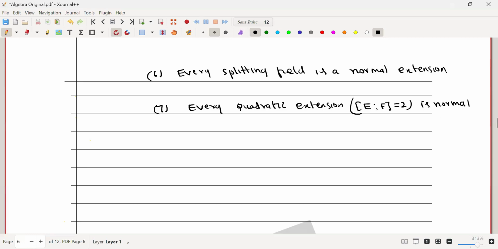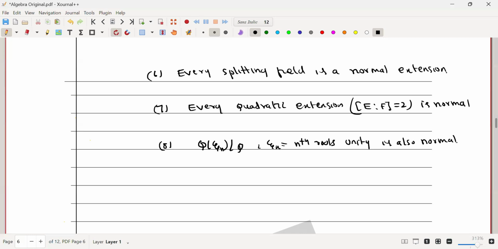And 8th one, the nth roots of unity over Q, where Xn is the nth roots of unity, is also normal.